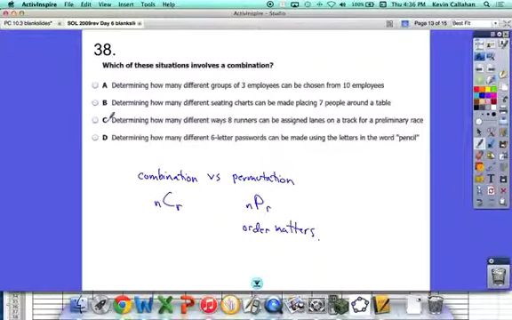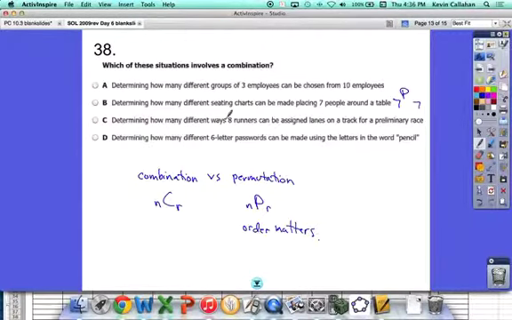I mean, in this, the letter B, that's like saying you're from a group of 7, you're filling 7 positions. Okay, there will be more than one way to put 7 people in 7 positions. Right?